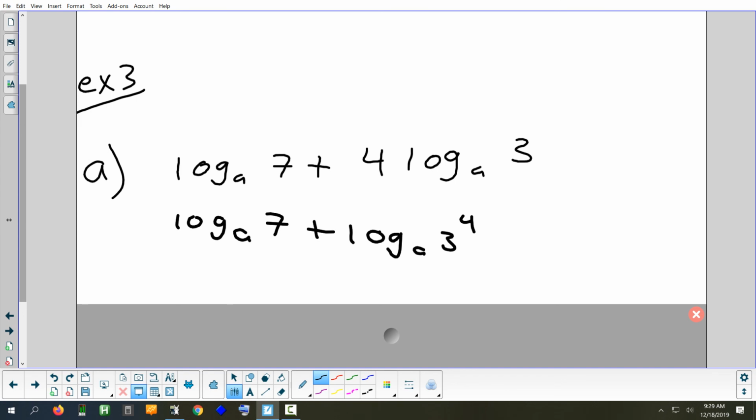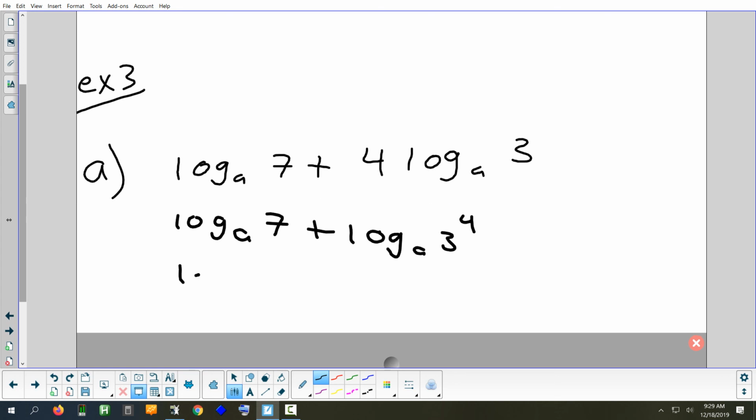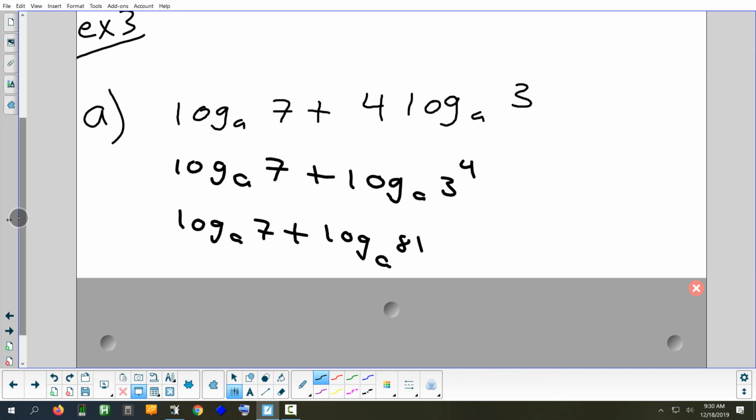Now, when you do that, if you've got some arithmetic you can do, you should just take care of that. Okay? 3 to the 4th power, we can simplify. What's 3 to the 4th power? 81. Okay, so now we have a sum of 2 logs.